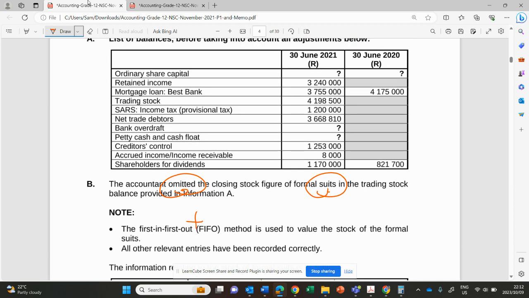Then now we can go to the trade and other receivables. Then you open bracket, you put the net trade debtors there, which is 3,668,810.